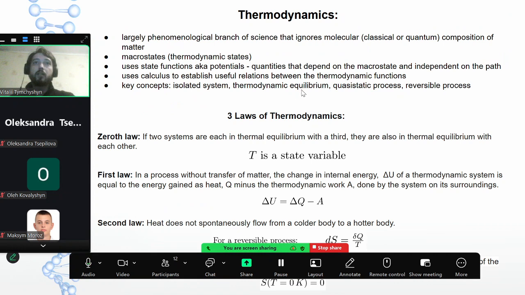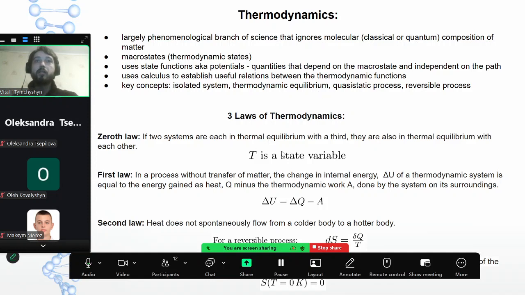On the other hand, thermodynamics is a largely phenomenological branch of science that ignores the molecular composition of matter. So it's just phenomenology. So you introduce certain parameters and you say that they evolve according to certain laws of thermodynamics. As all physical laws, we, let's say, obtained them experimentally, so we have performed a number of experiments, and then we got the idea that in all these experiments a certain statement is true, and we call this statement a law.